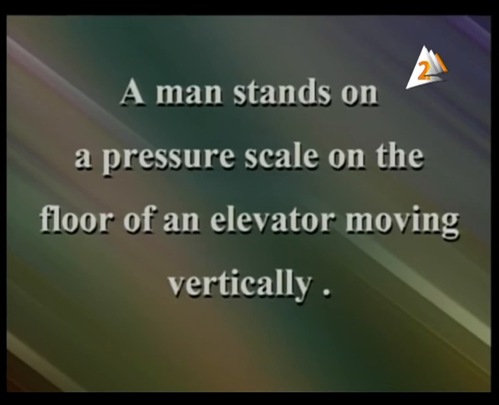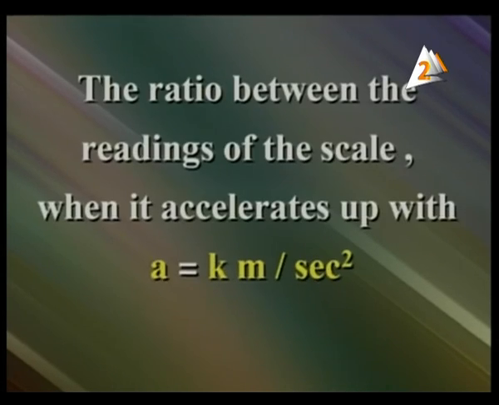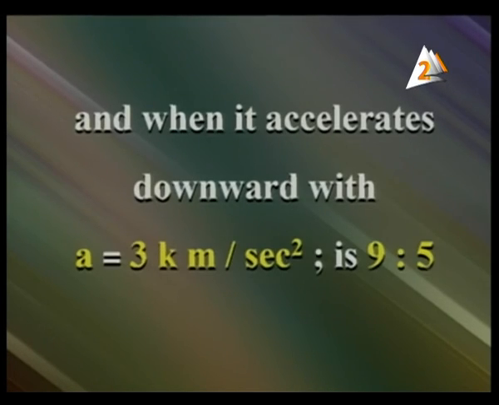Now let's go to another example. A man stands on a pressure scale on the floor of an elevator moving vertically. The ratio between the readings of the scale when it accelerates up with A equals k meter per second squared, and when it accelerates downwards with A equals 3k meter per second squared, is 9 to 5.